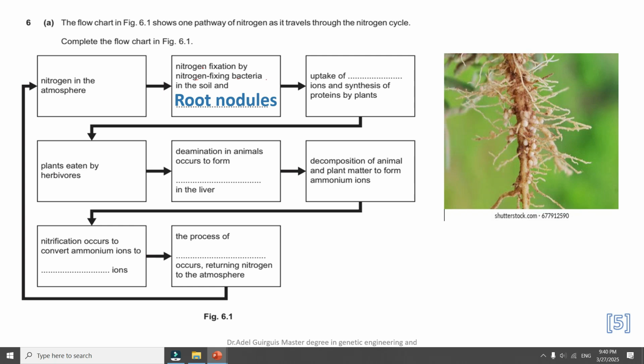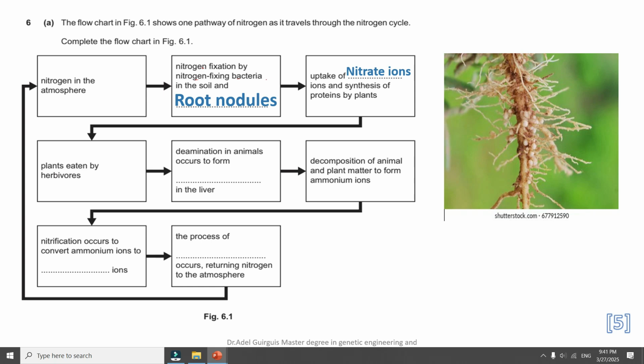Nodules contain bacteria that fix nitrogen in soil into nitrogenous compounds. Then uptake of nitrate ions and synthesis of protein by plants. The plant obtains nitrate ions by active transport or by simple diffusion.